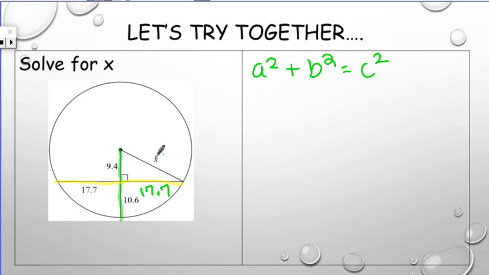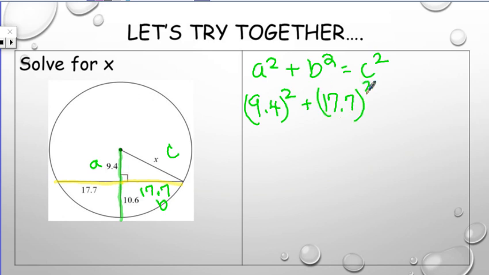You can call any side you want A and B, just make sure you get C right. So A is 9.4 squared, B is 17.7 squared, and C is x squared.